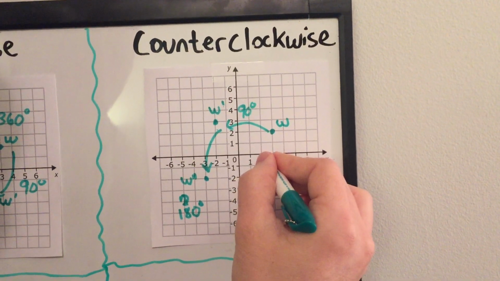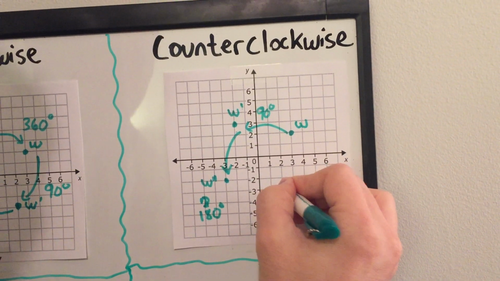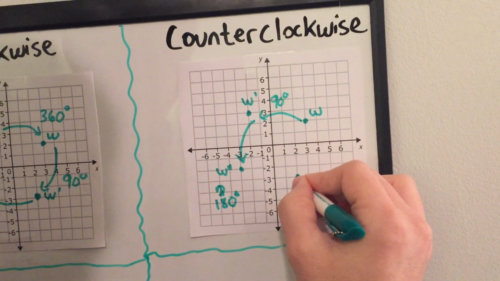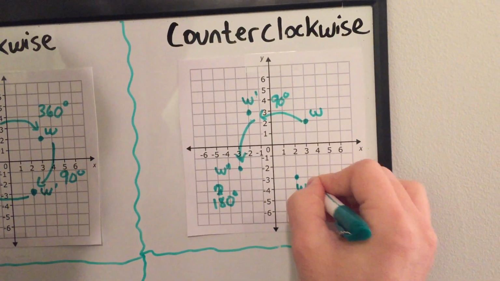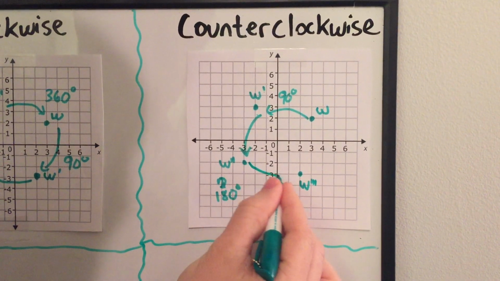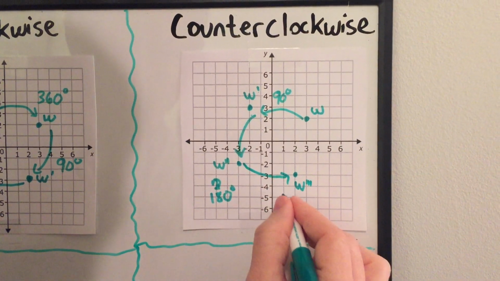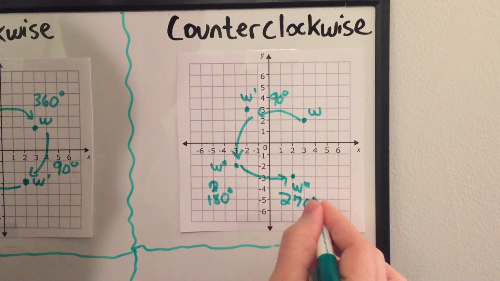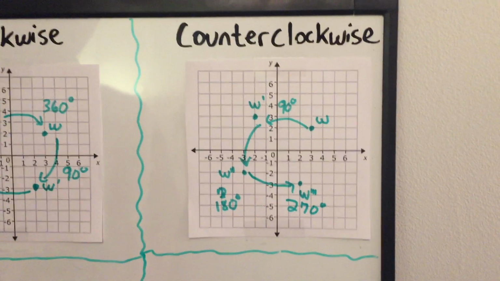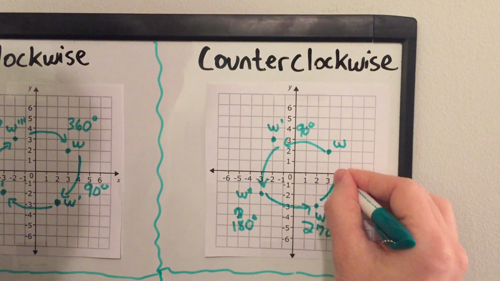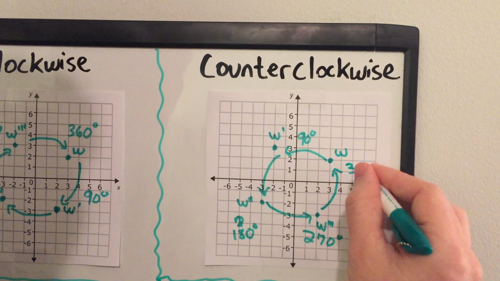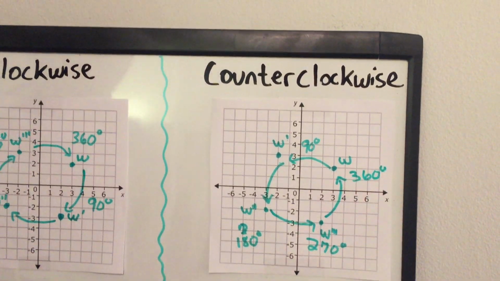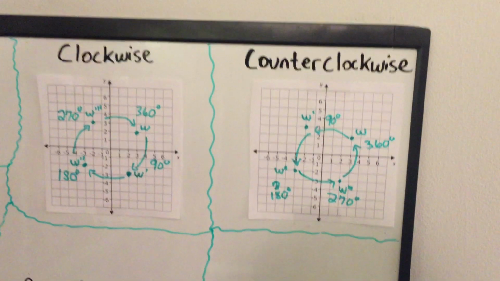That would be 2, -3. All right. This would be my W triple prime. All right, this is what we would call our 270 degrees. And then, of course, if I made it all the way back, that would be 360 degrees counterclockwise.